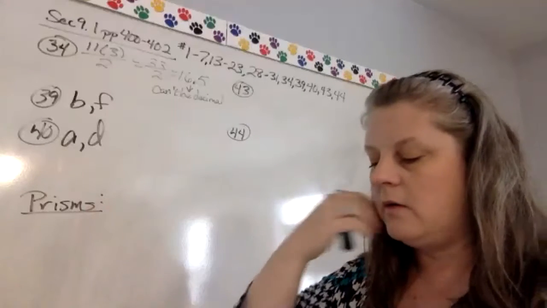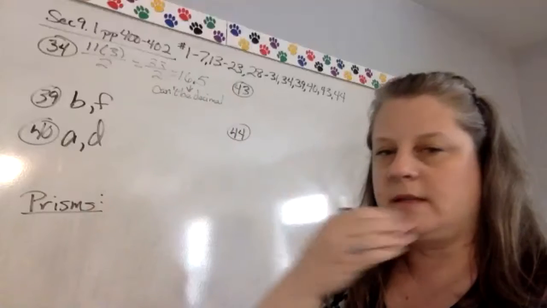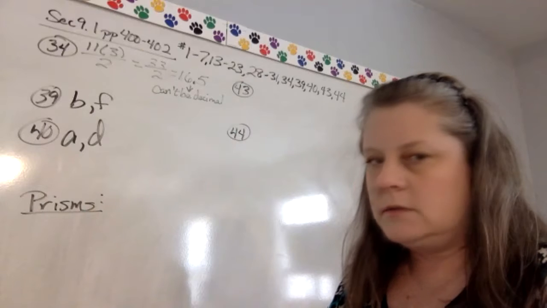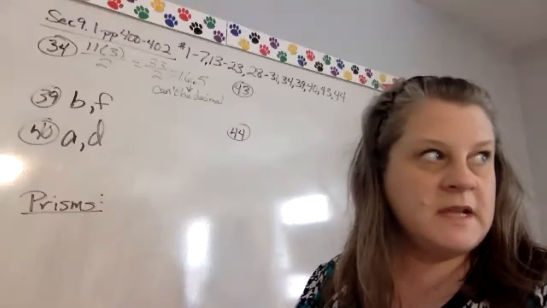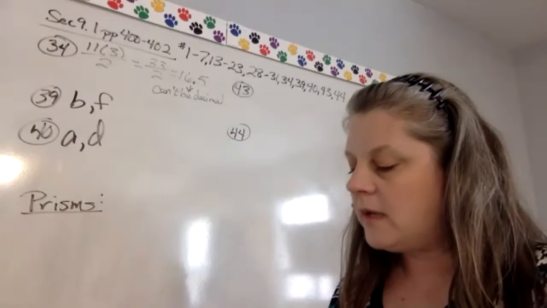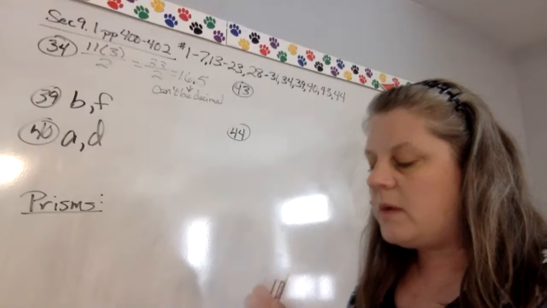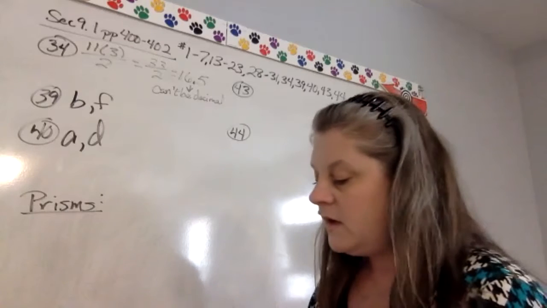All right, so clockwise goes around the way a clock does, counterclockwise goes opposite, okay? On number 43, it says, which of the following nets could be used to make a traditional die? So remember, first of all, the 1, 2, and 3 have to be next to each other.